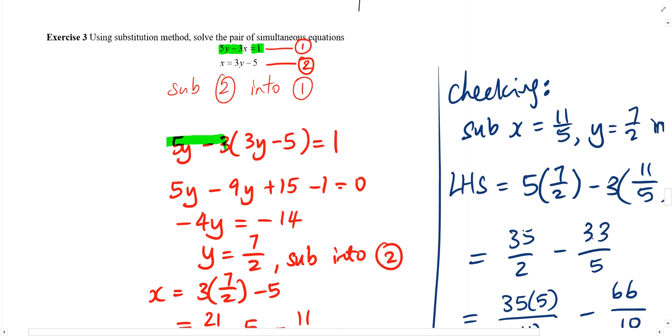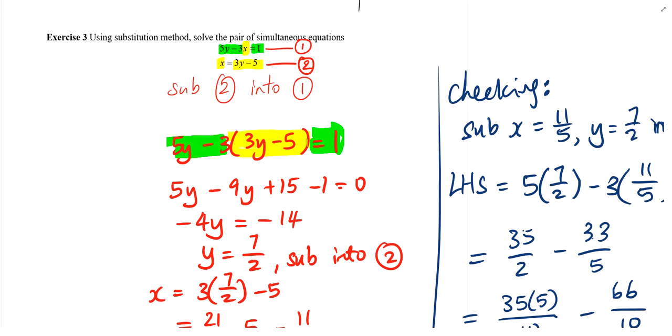So 5y minus 3 something equals to 1. Now since in my equation number 2, I've got x in terms of y, x is the same as 3y minus 5. And since I'm substituting inside equation number 1, every time I see the x, I will change it to 3y minus 5. So exactly what we have over here. This is the process of substitution.